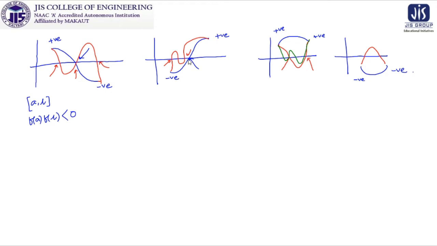But one thing we have to observe: if we have f(a) into f(b) less than 0, then an intersection is guaranteed, and this intersection gives the interpretation of the root, so the root is guaranteed.